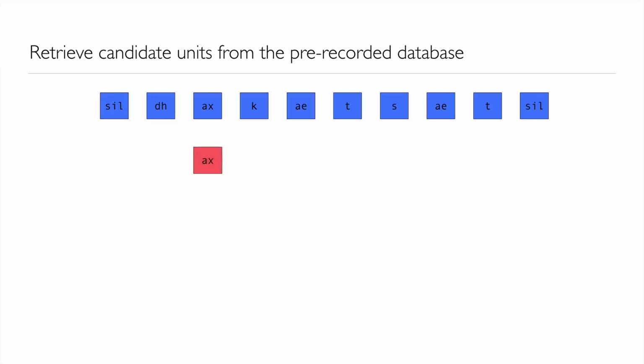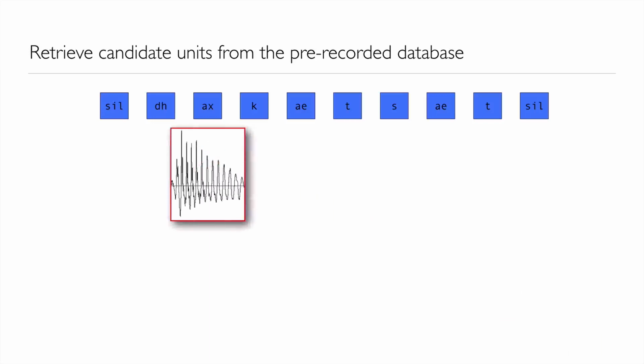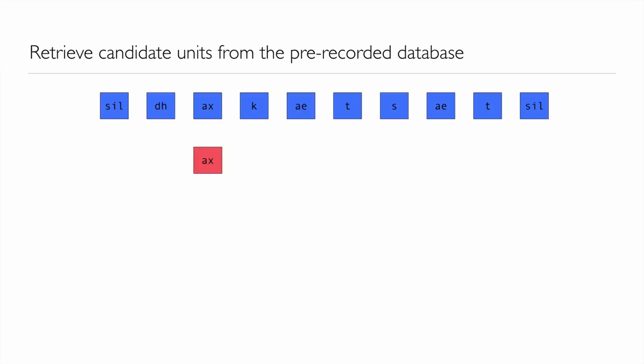Here's one candidate, the first one we found. And remember that the candidates are waveform fragments. They're also going to be annotated with the same linguistic specification as the target. That waveform is what we're going to concatenate eventually to produce speech. In general, and if we've designed our database well, we'll have multiple candidates for each target position, so we can go off and fetch more from the database.